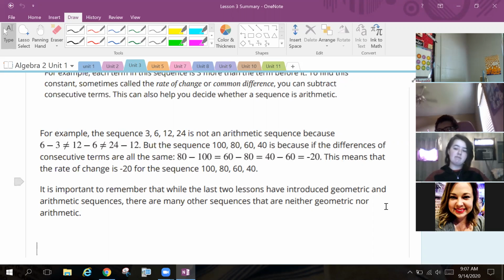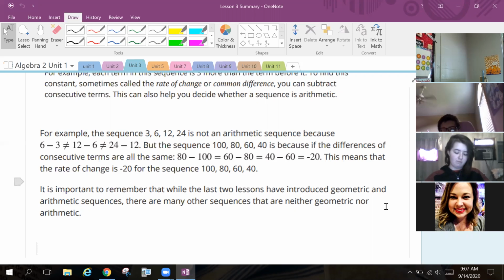All right. Anybody confused about these two sequences at this point? The cool part is we're going to learn how to write the recursive and the explicit formulas when we find a sequence.